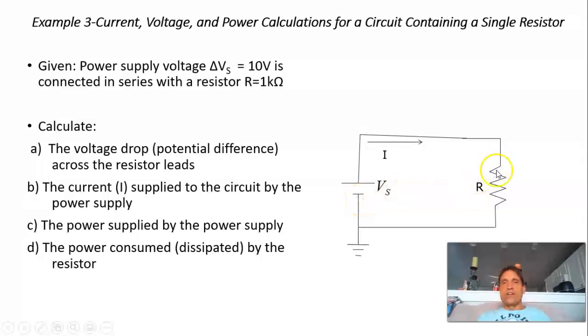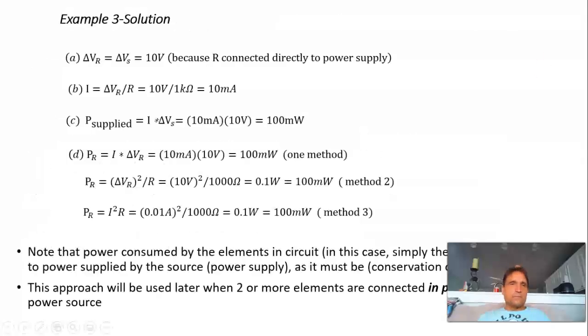So the potential difference across the resistor is 10 volts. If we know the voltage across the resistor and that it's 1 kilo ohm, then the current is 0.01 amps, which is 10 milliamps.